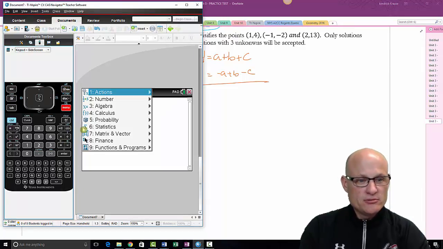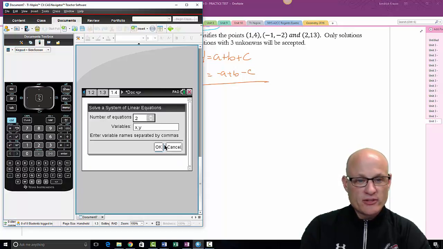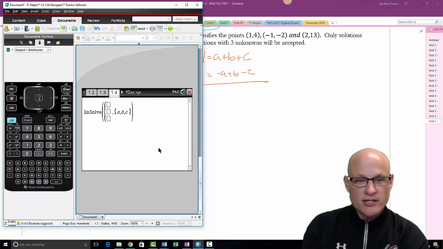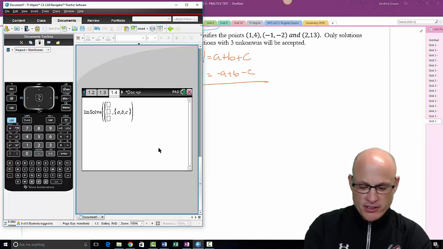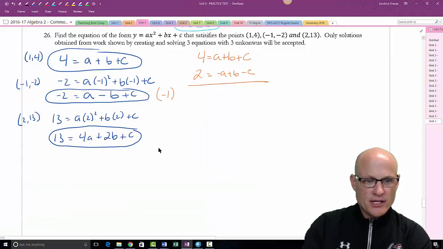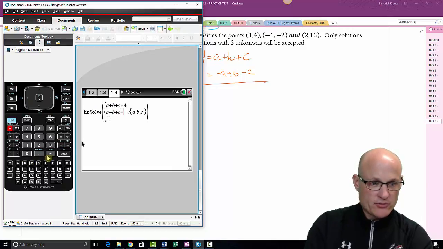So, menu, algebra, solving a system, solving linear systems. We're going to go 3, a comma, b comma, c. Click OK. So, a plus b plus c equals 4. A minus b plus c equals, I believe it was -2.